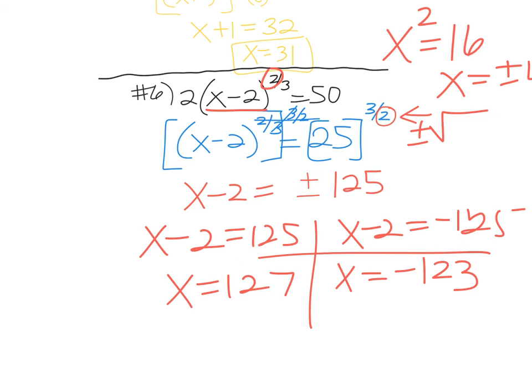So you get 2 answers here. They both work, but that's the only time you will get 2 answers. It's because it's squared in the original, and because when you take the 3/2 to both sides, you're taking the square root of both sides, which you have to do plus minus.